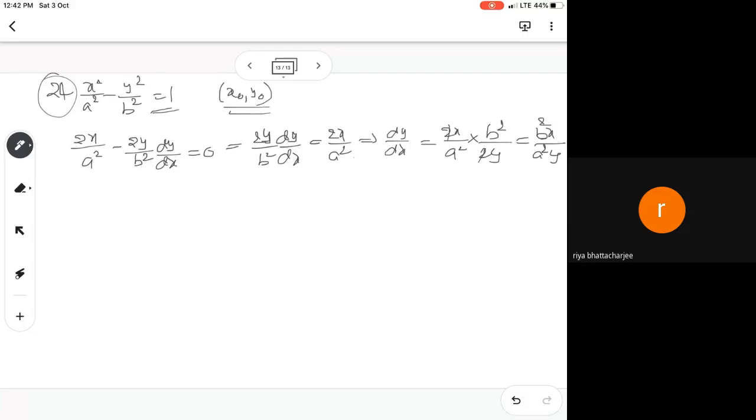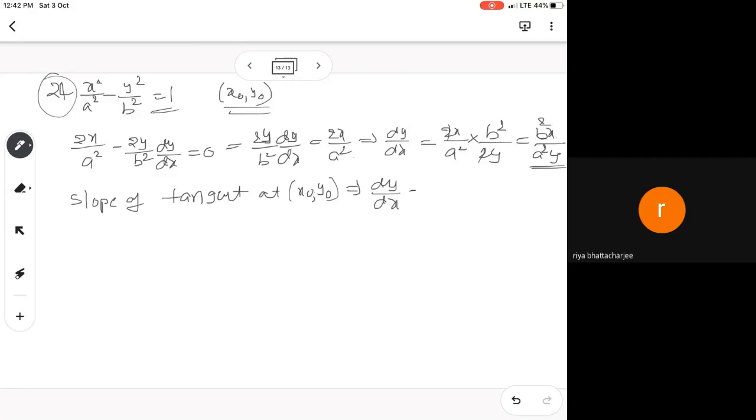Okay, so therefore the slope of the tangent to the curve, the slope of the tangent at that particular point x0 y0, what do you get here?